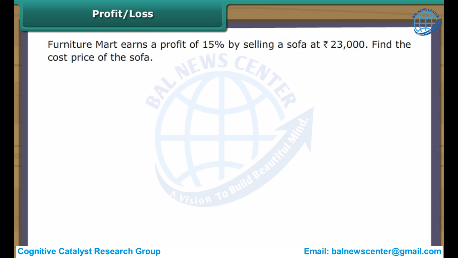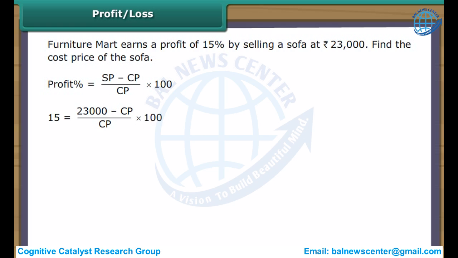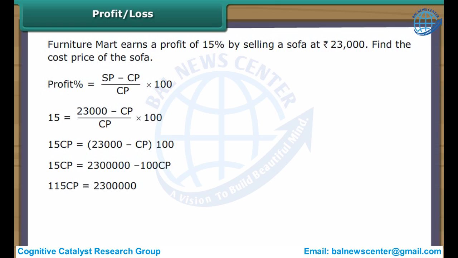Furniture Mart earns a profit of 15% by selling a sofa at Rs 23,000. Find the cost price of the sofa. Profit percentage is equal to SP minus CP upon CP into 100. 15 is equal to 23,000 minus CP upon CP into 100. 15 CP is equal to 23,000 minus CP into 100. 15 CP is equal to 23 lakh minus 100 CP. 115 CP is equal to 23 lakh.